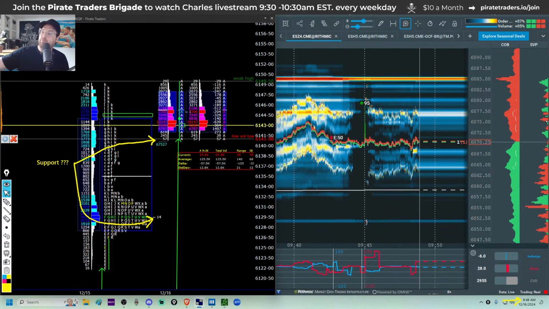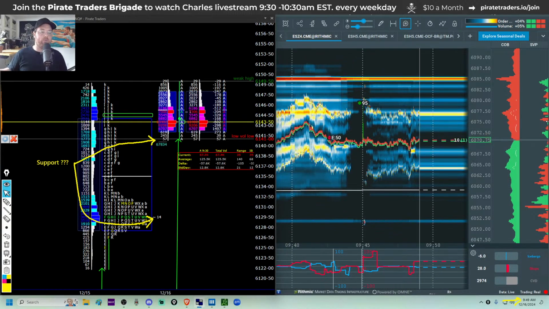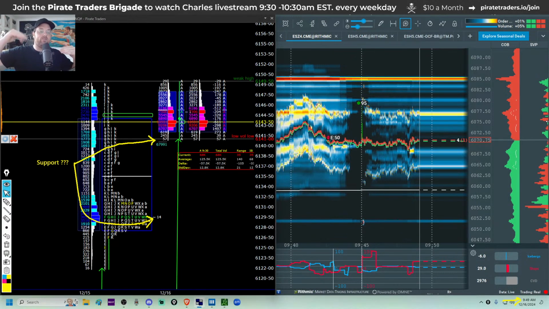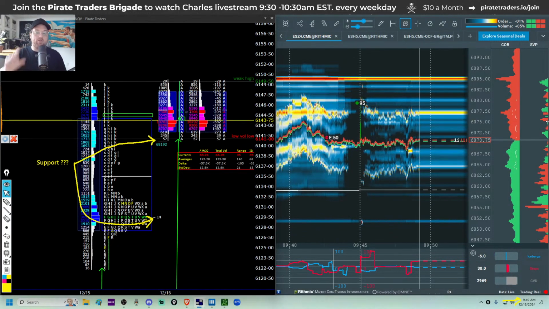Momo says gaps are weird. Yeah, the gap is the contract rollover. I've never had anybody explain to me why this is, but the new contract always tends to trade like 10 to 20 points higher than the previous contract. So when you roll over to that new contract, you instantly get a change.